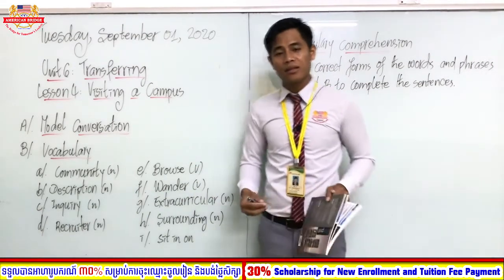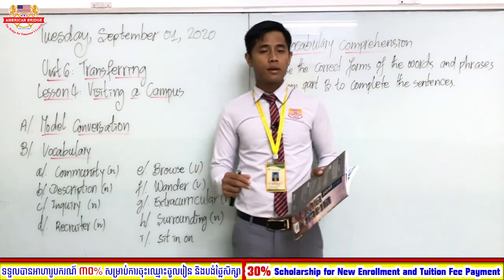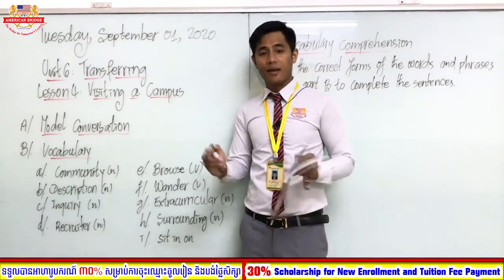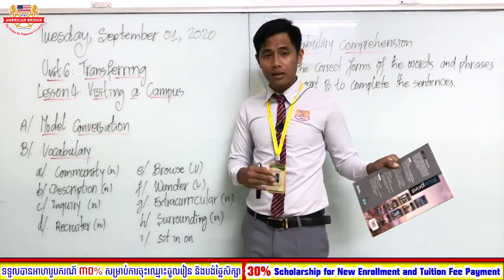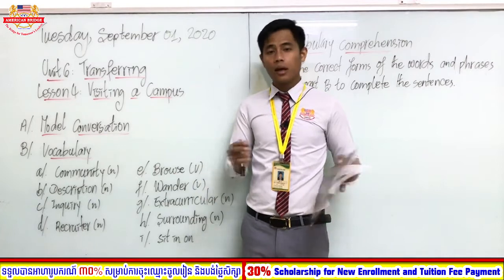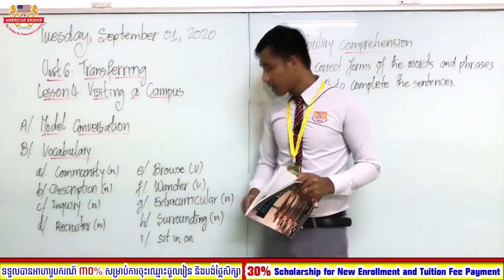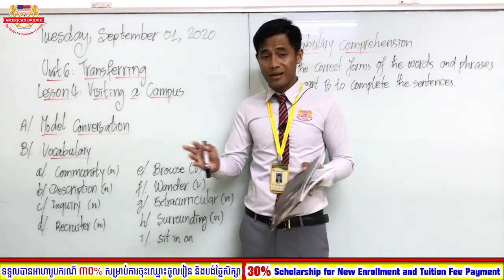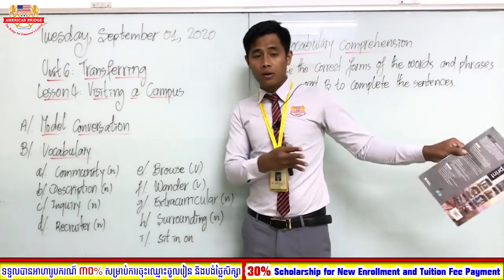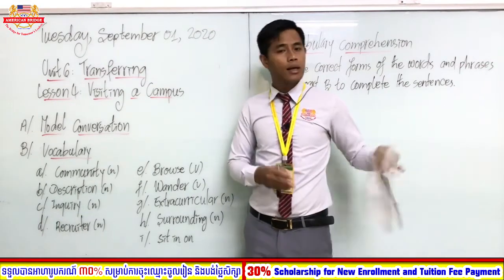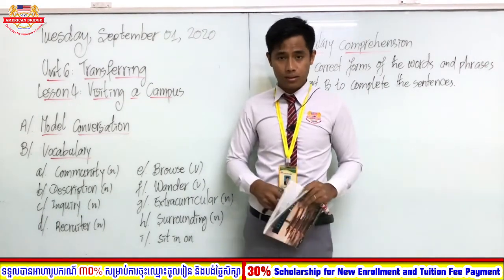For example, in the class you will learn about some things like English, mathematics, and some practice experiments. And extracurricular, here we talk about something out of the class like sport, like gym, like swimming, okay, all of this we call extracurricular, right?